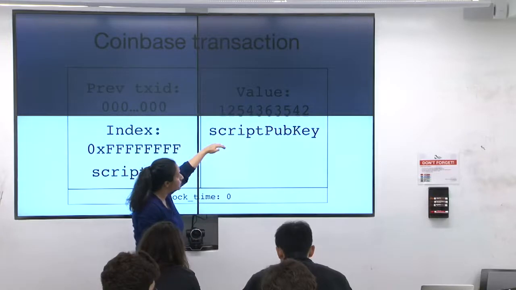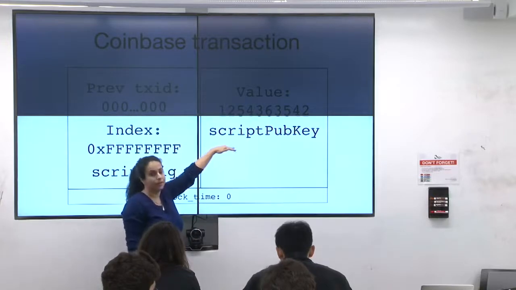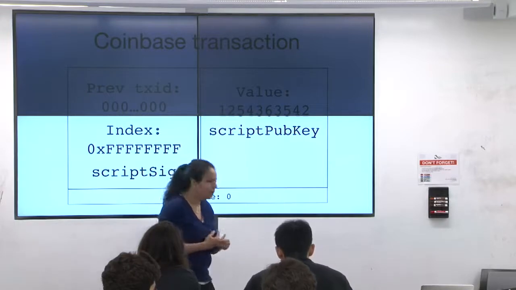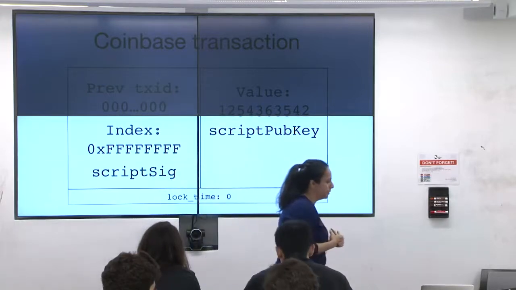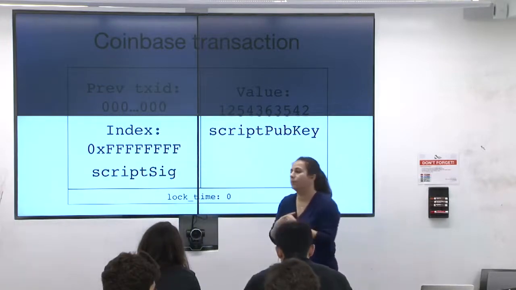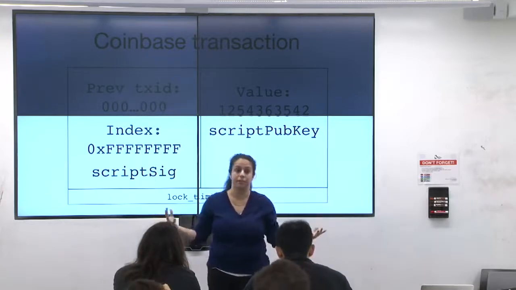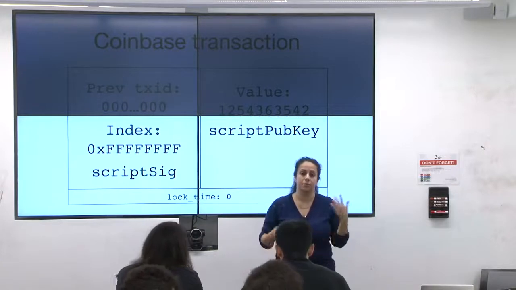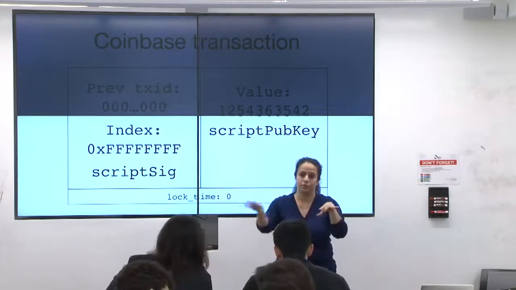And so they would specify in here a script pub key that they could redeem. Note that this also has the property of making all the blocks that people work on actually different, because in each block, the Coinbase transaction is going to be different, since each miner is trying to pay themselves.